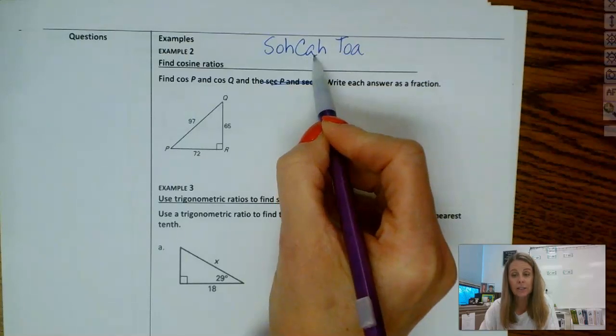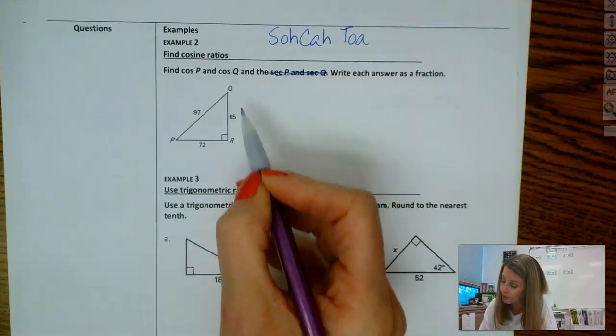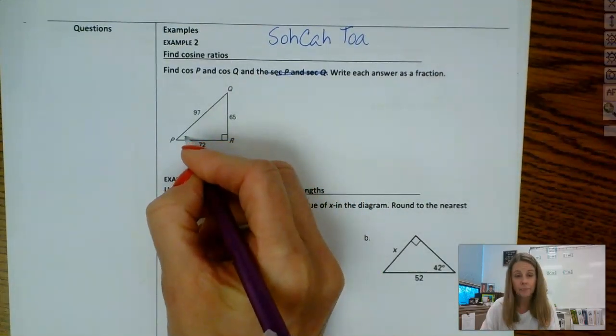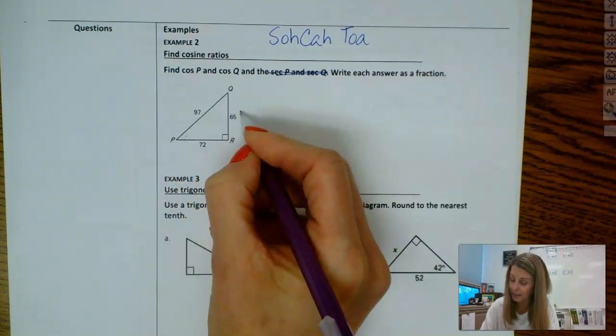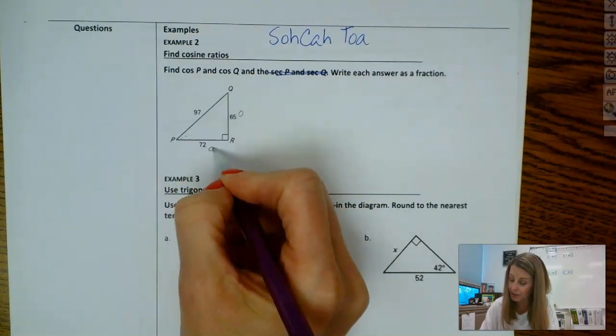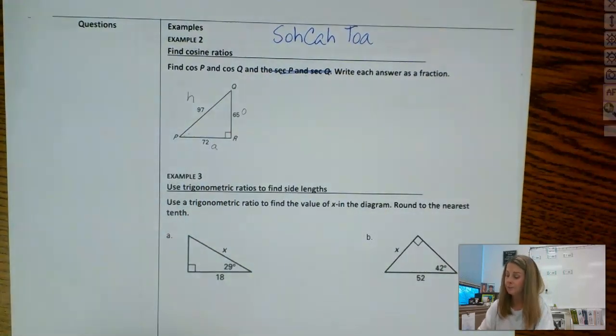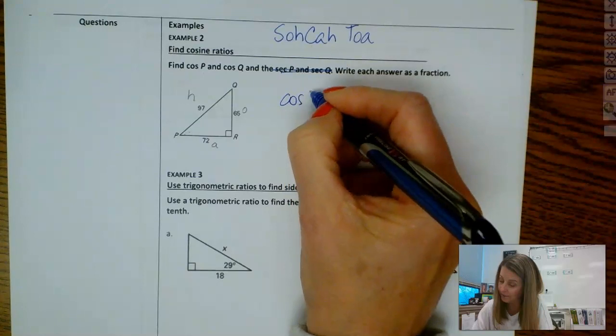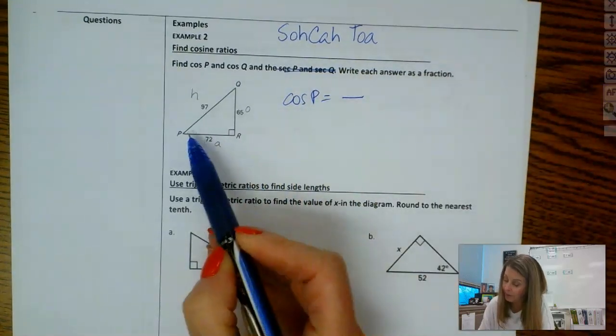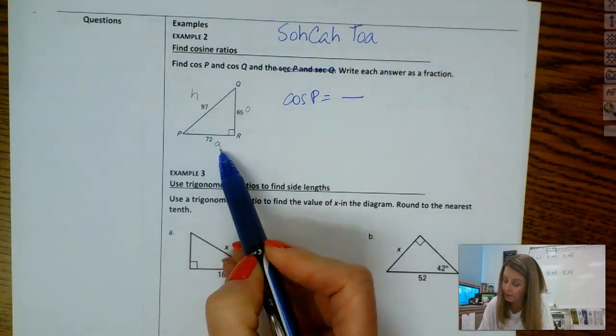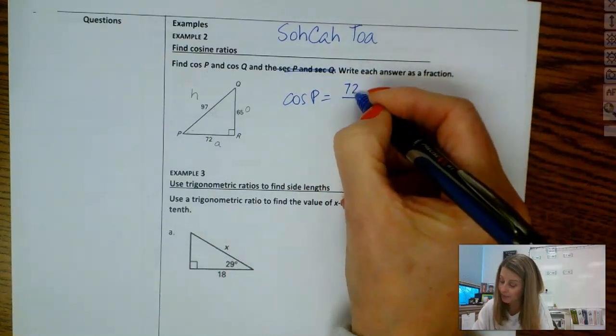Cosine is the adjacent over the hypotenuse. So starting with angle P, my opposite leg is 65. My adjacent leg is 72. My hypotenuse is 97. So the cosine of P, I need adjacent over hypotenuse, 72 over 97.